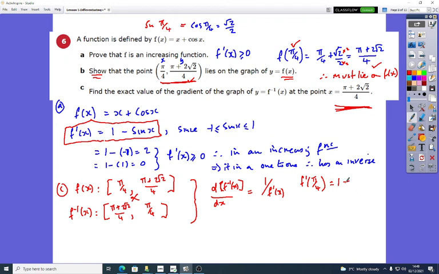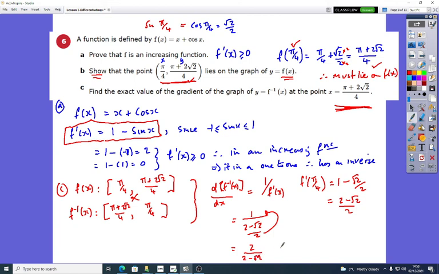So that is 1 minus root 2 over 2, which you can put all over a common denominator, which is 2 minus root 2 all over 2. So that's going to be equal to 1 over that. Now if I take the reciprocal of that, I'll write it down, 2 minus root 2 over 2 will go to the bottom, and my answer will become 2 over 2 minus root 2.